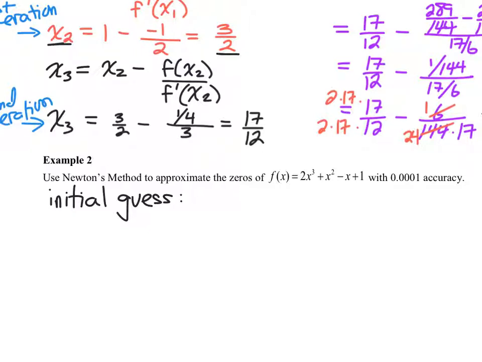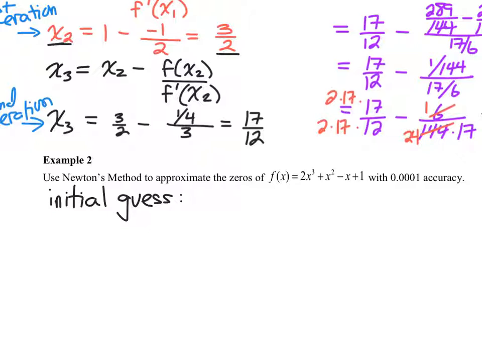If there's only one solution, only one zero to the function, the initial guess isn't really going to matter, unless it's undefined for some reason, because eventually it's going to drag you to the correct solution. Now, if there are multiple solutions, it's going to drag you to the solution closest to your initial guess.